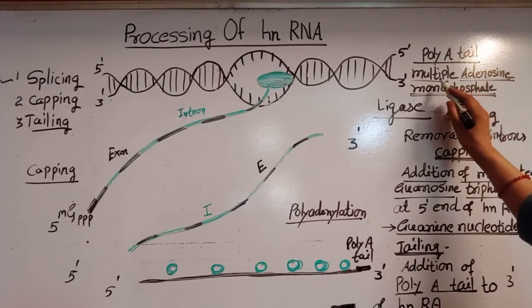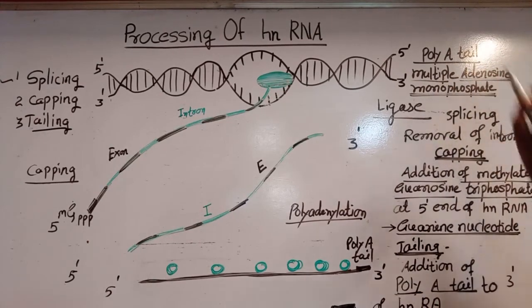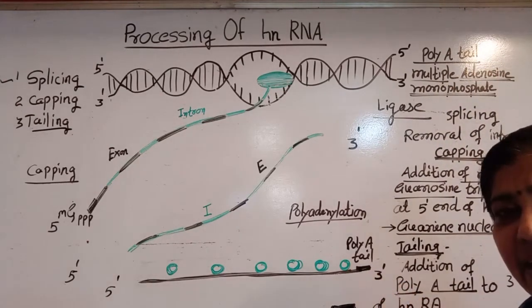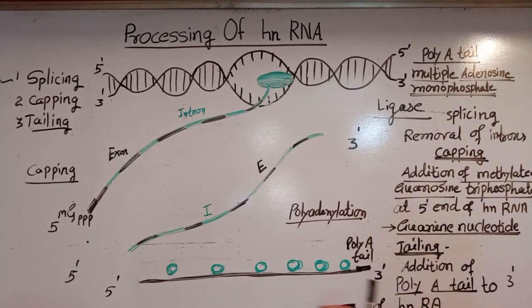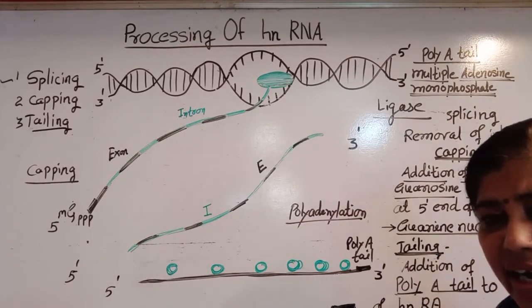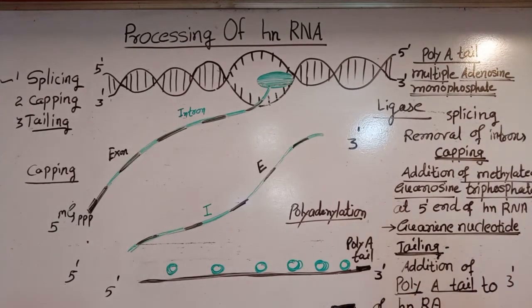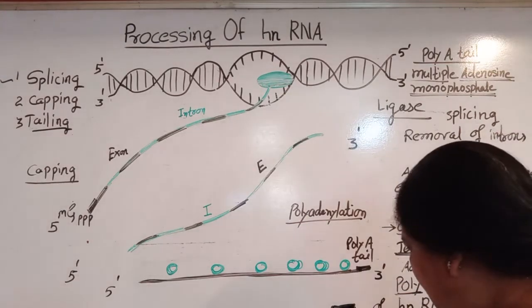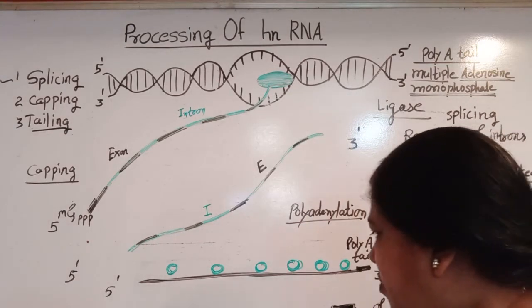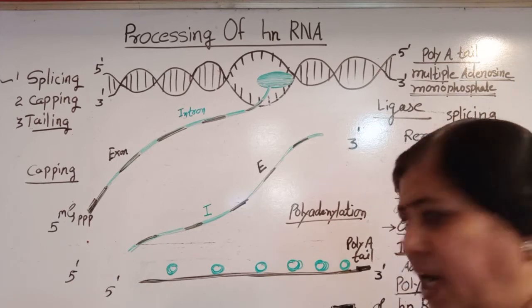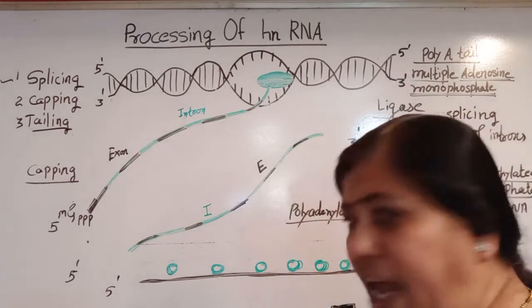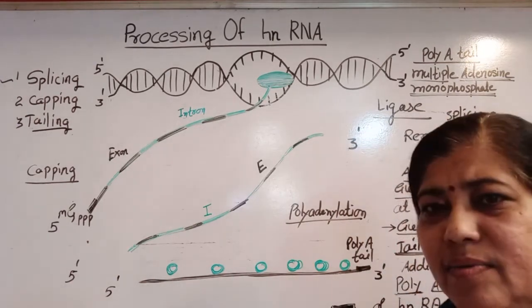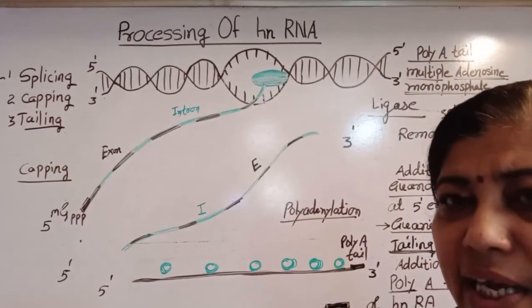By multiple adenosine monophosphates, it prevents degradation of RNA. What is the function of the poly-A tail, or what is the aim of this poly-A tail?